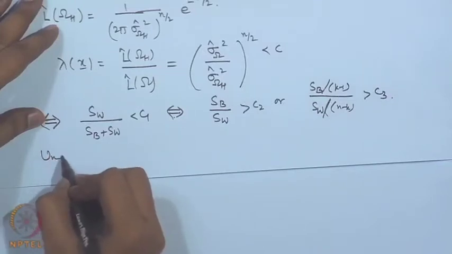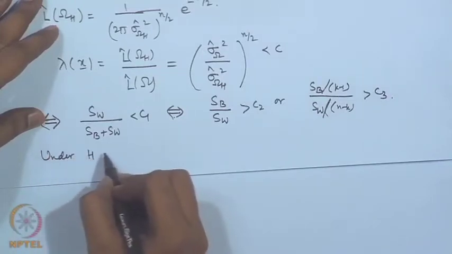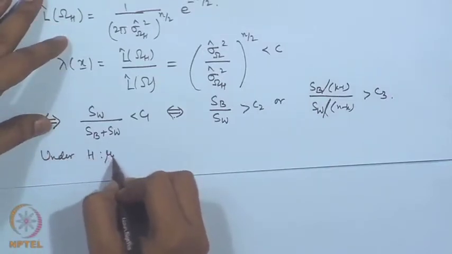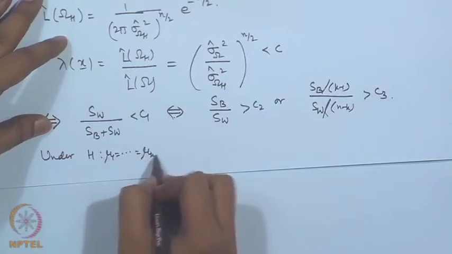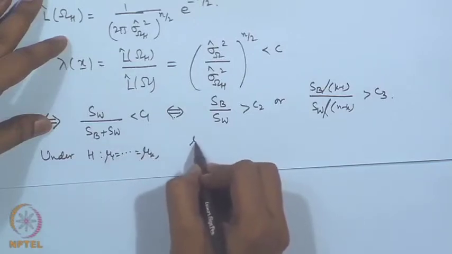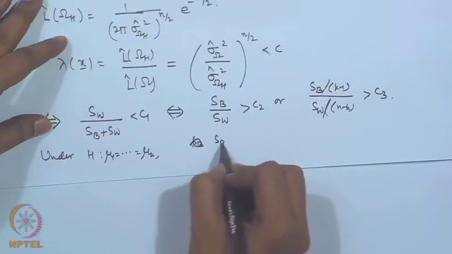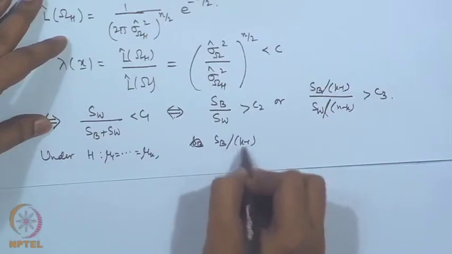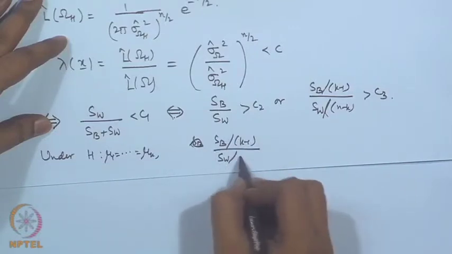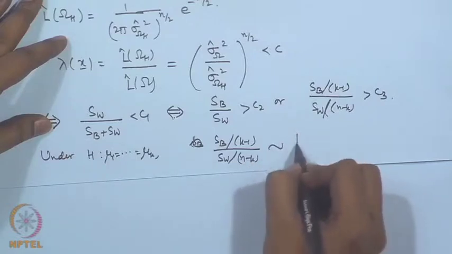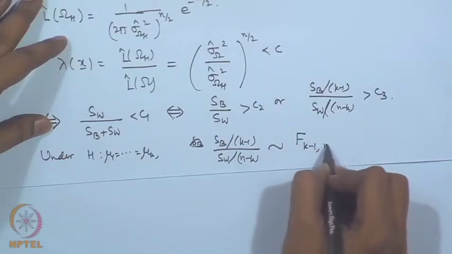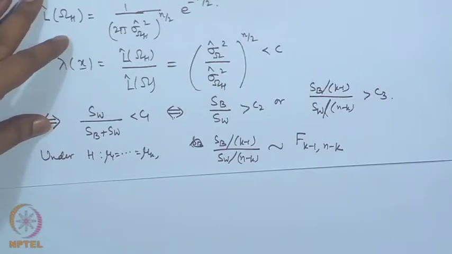Now, under H, that is mu 1 is equal to mu 2 is equal to mu k, this statistic, S_b by (k minus 1) divided by S_w by (n minus k), follows F distribution on k minus 1, n minus k degrees of freedom.